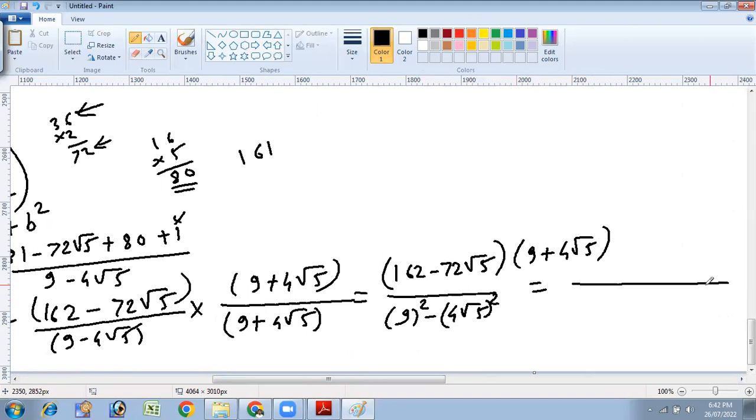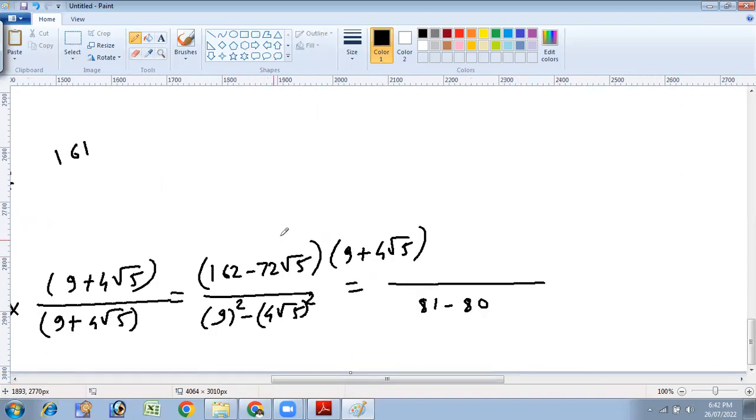Downside you will get 9 nines are 81 minus 4 fours are 16, 16 fives are 80. Okay, 80. And upside as it is.